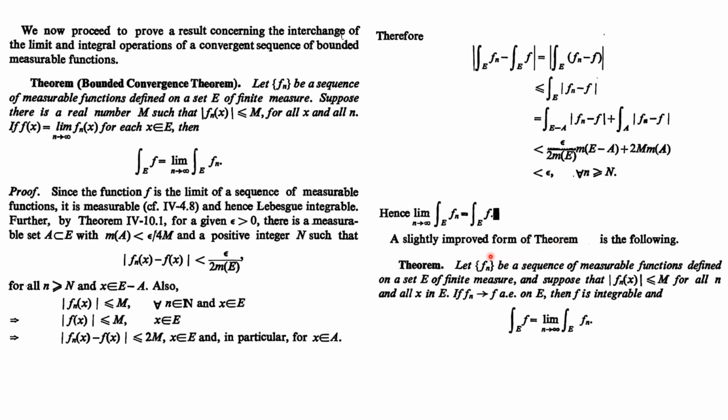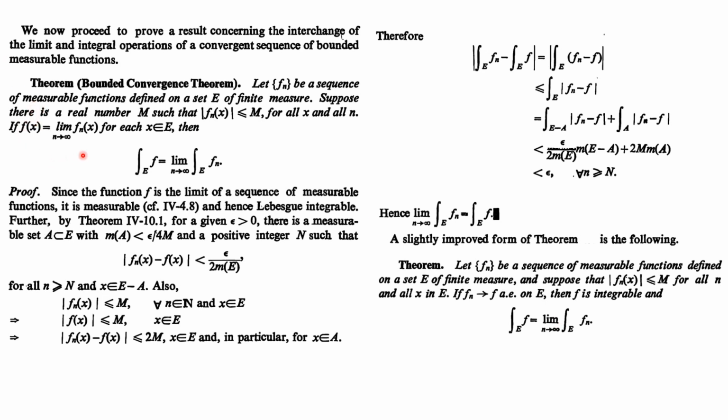A slightly improved version of this is given by: let fn be a sequence of measurable functions defined on a set E of finite measure. Suppose the sequence is bounded. If fn converges to f almost everywhere, then f is integrable, and the integral of f is nothing but the limit of the integral of fn. So what is the difference between this and this?